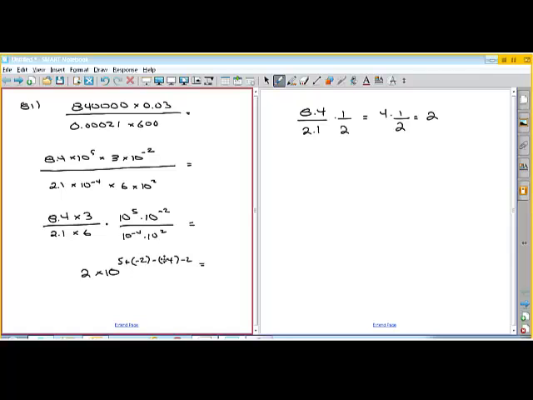So we got 3 plus 4 is 7. And then you subtract 2, which is 5. So you get 2 times 10 to the 5th power, which is 200,000. Because you have 2, and you have to add 5 more zeros.